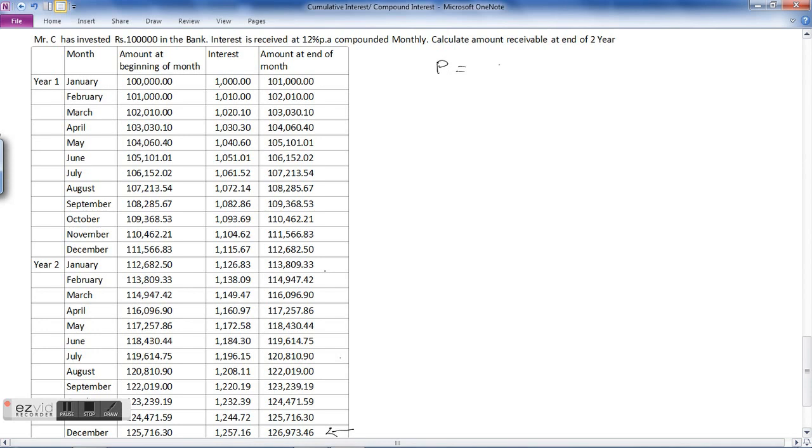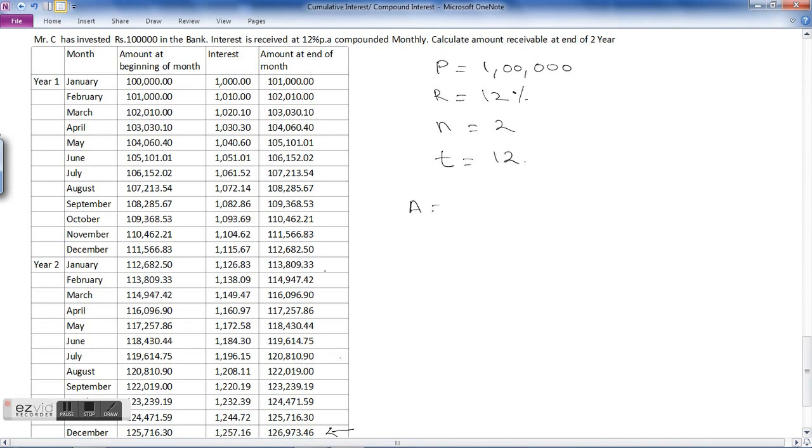So let's first write down the values for P is 1 lakh. Then rate of interest is 12%, then n, that is number of years, is 2, then t, that is number of times the interest is compounded annually. So in this case the interest is compounded monthly, so number of times interest compounded annually is 12.